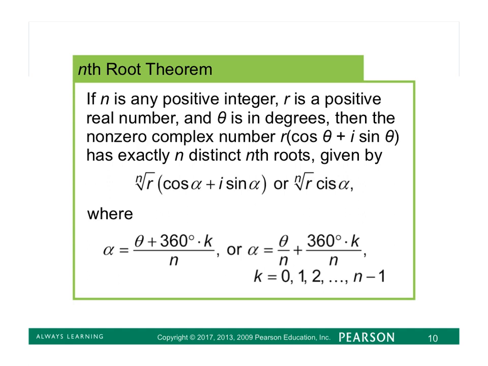So if n is any positive integer, and r is a positive real number, because remember you have r outside of cis of some theta, then the non-zero complex number, r cosine theta plus i sine of theta, that's just a complex number, has exactly n distinct nth roots.